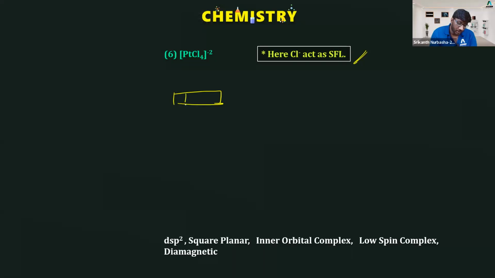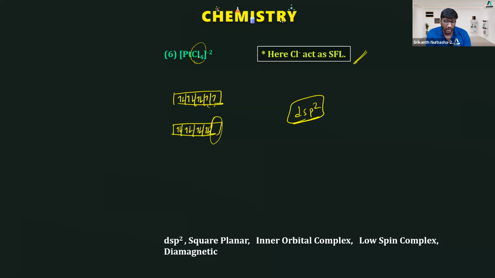So we have d8 configuration: 1, 2, 3, 4, 5, 6, 7, 8. These two are going to be paired up, so you have one d orbital empty, similar to nickel. In platinum also you have d8, where one d orbital is empty. So dsp2, because we have 4 ligands only.